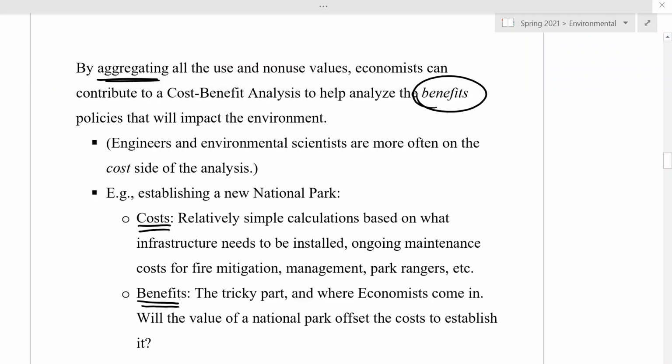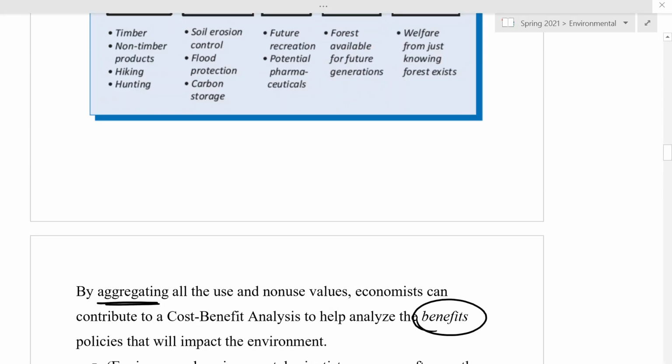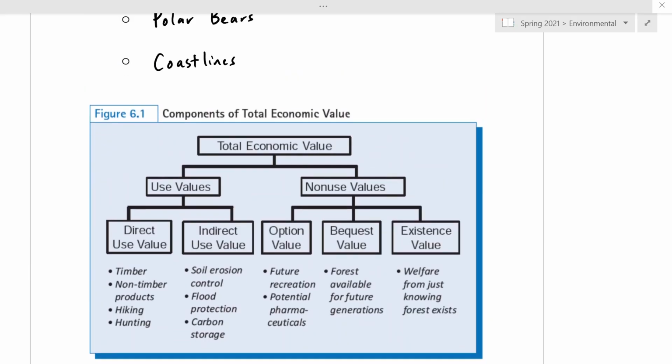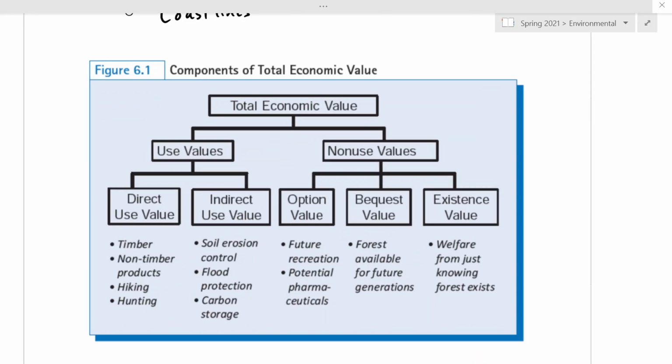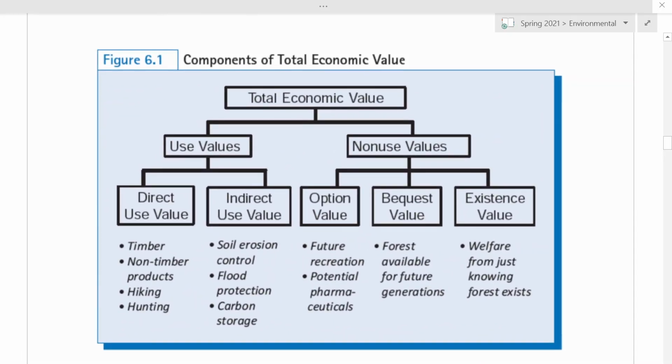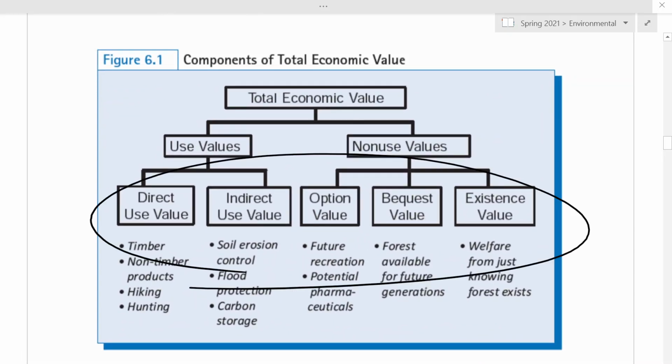Hi everybody, welcome back. In the last video we wrapped up right about here, where we looked at all the different ways in which we can assess the value of environmental resources. We talked about these, the total economic value breaks down into use and non-use values, and then all of these subcategories here.